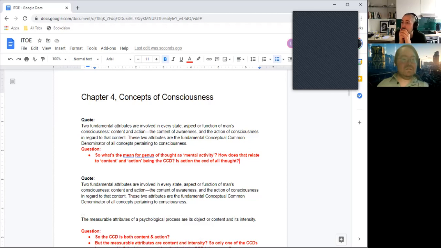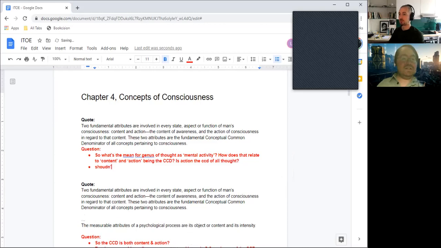And then, but then that's what I didn't get. Shouldn't the CCD be in a genus or a differentia? Shouldn't it appear somewhere? Whereas I've just done mental activity as the genus. Well, a CCD is just the standard of measurement. It's just the differentia. Like action is the differentia.